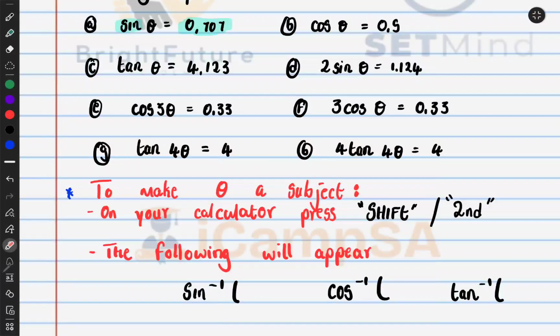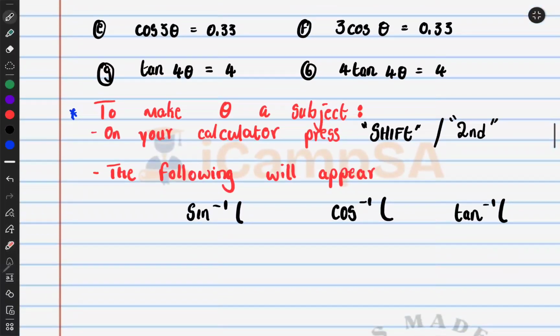This is the part that you now insert in the bracket. So next, insert the ratio value inside the bracket.